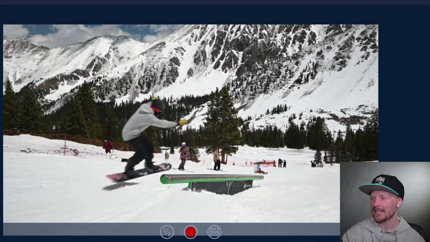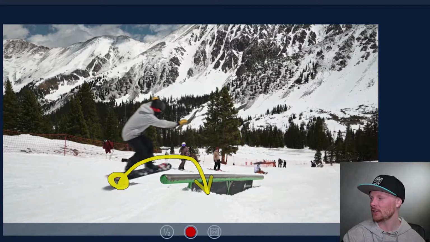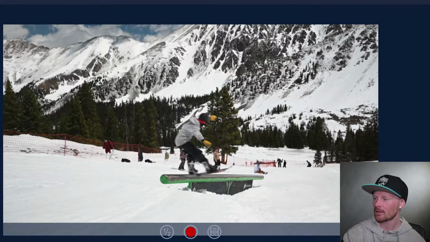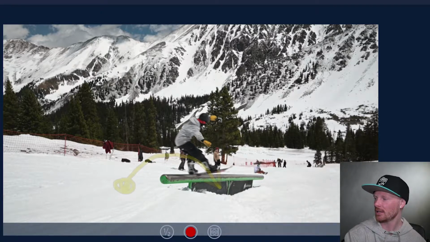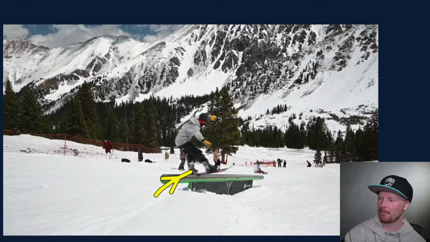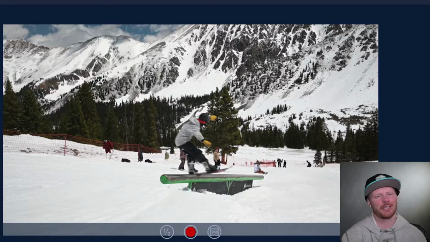A lip slide essentially is when your back foot travels over the feature, and this is what I mean. My back foot went from this side, now it's gone up and over, and now it's on the far side of the rail. Notice that I'm balancing on the front foot right there. So this is a front side lip slide, or we just call it front lip.